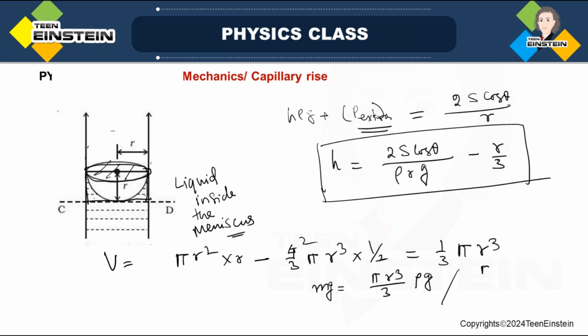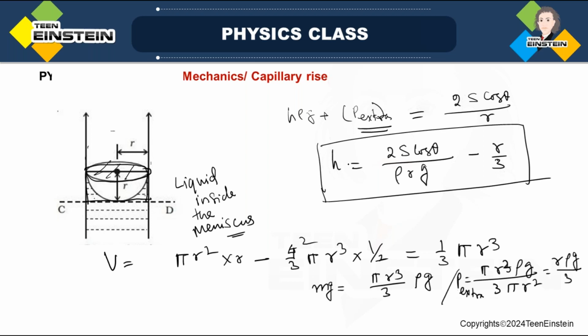So I can write pi r cube rho g by 3 divided by pi r square. So this will be the extra pressure, r rho g by 3.